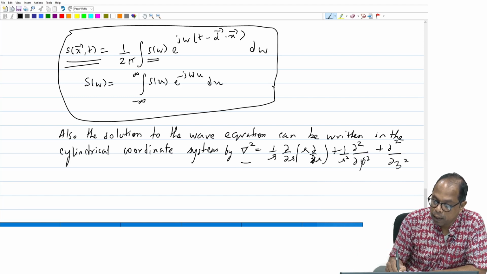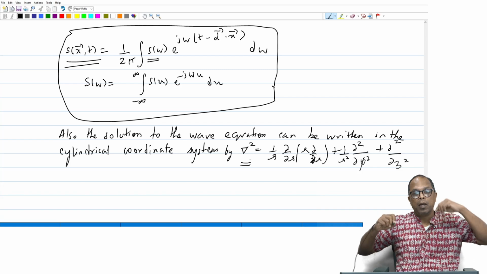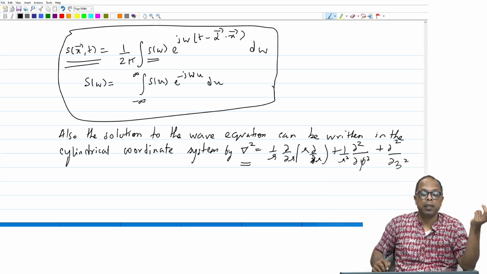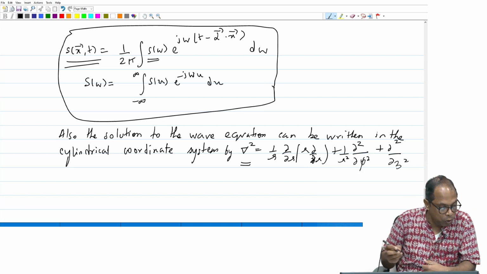By expanding your del square not in the Cartesian coordinate system but in the cylindrical coordinate system, you get a different type of wave solution.